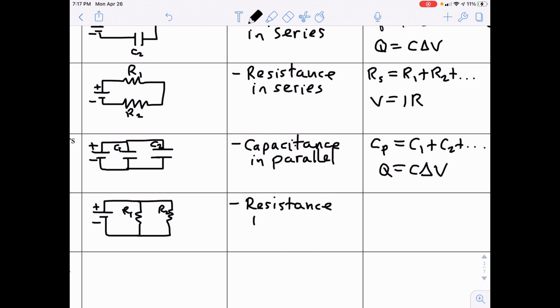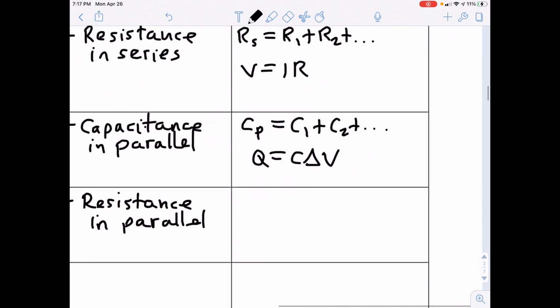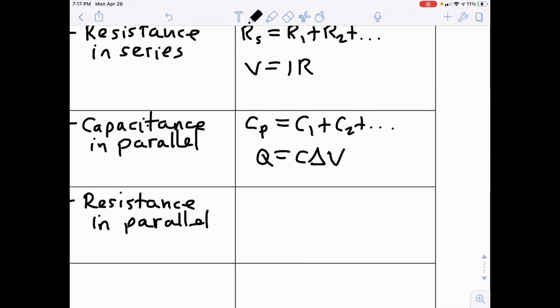This would be electrical resistance in parallel. The equation for it is very similar to current in series. So we have 1 over the resistance in parallel is equal to 1 over R1 plus 1 over R2 plus dot, dot, dot. Adding the inverses and taking the inverse of the answer.